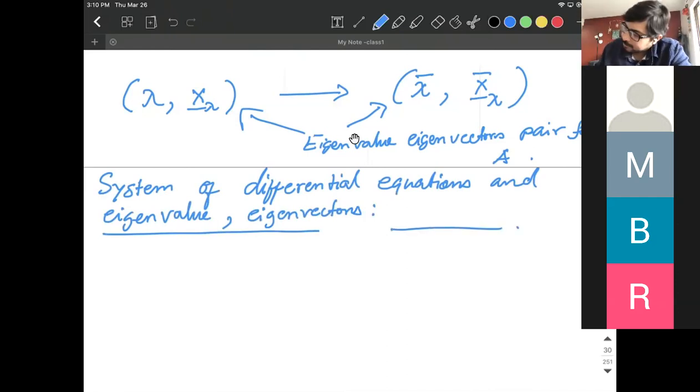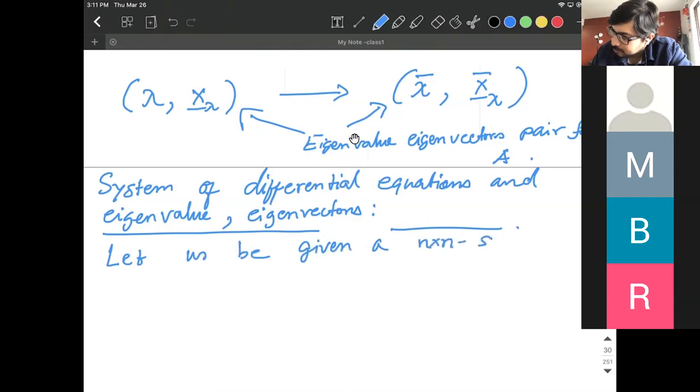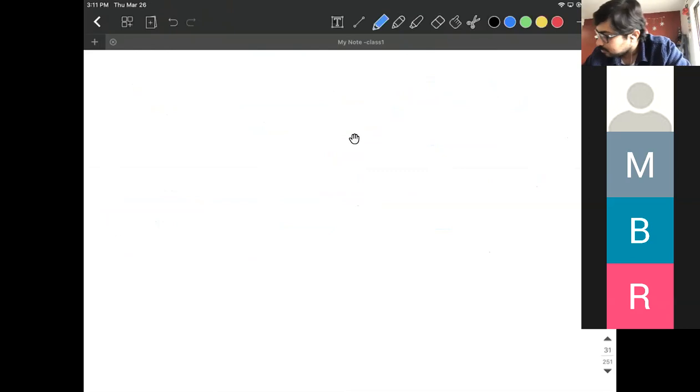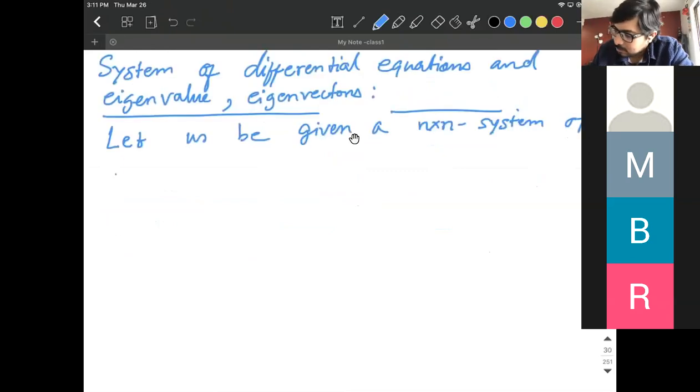Instead of an n cross n system of linear equations, we now have an n cross n system of first order differential equations. So let us be given an n cross n system of first order differential equations.